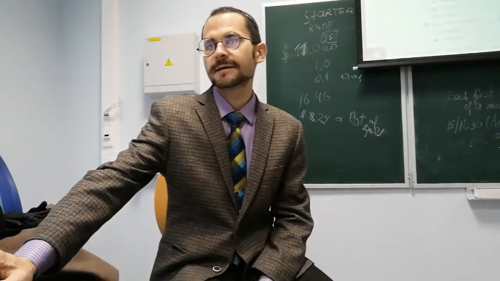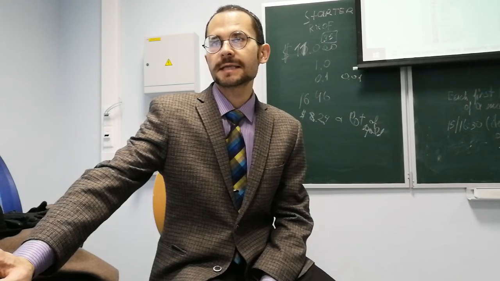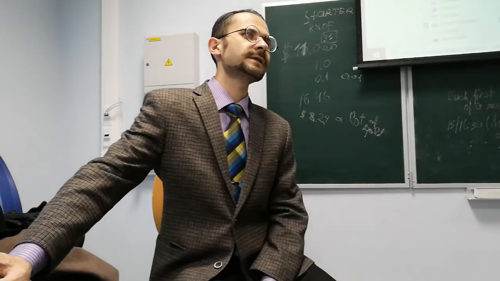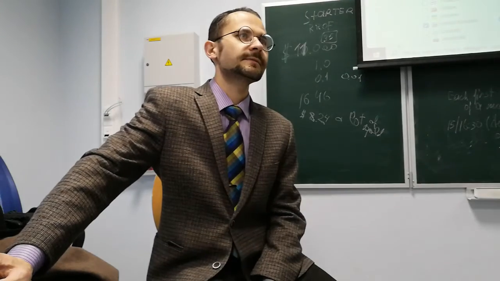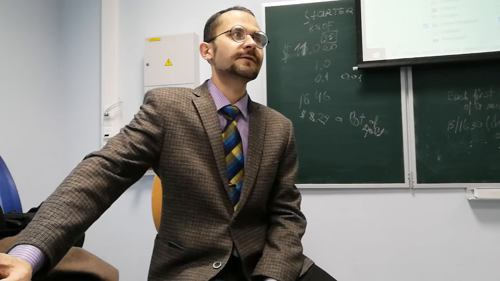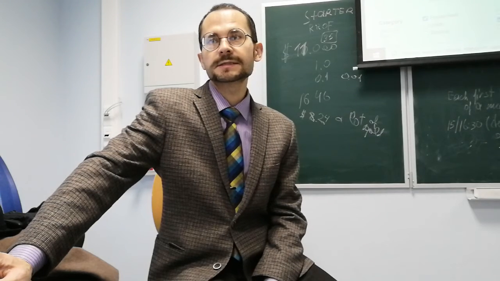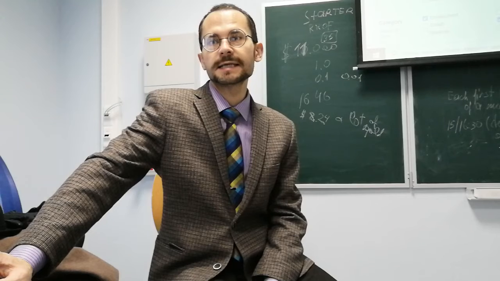Let's see. United Kingdom, Australia, Canada, Eurozone, Japan, Russia. Why do we need Russia? Because we live in Russia, yeah? Although Russia is not very important for the global financial markets. Switzerland and the United States.